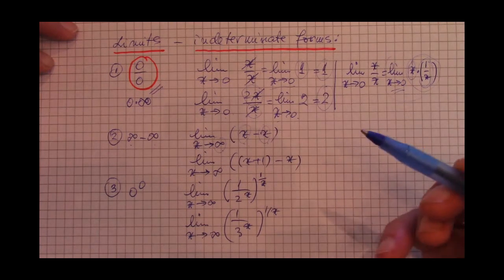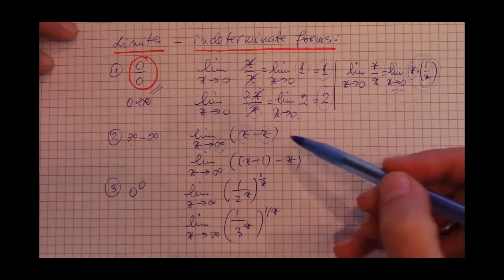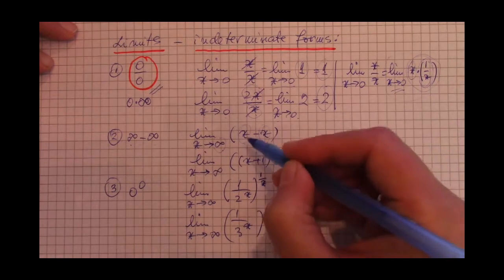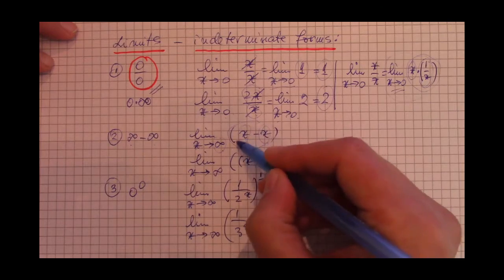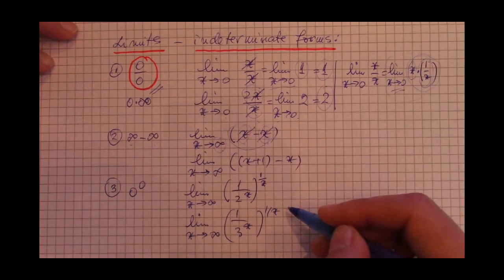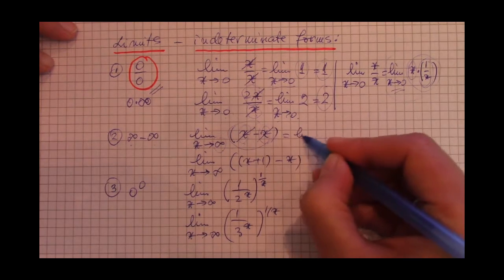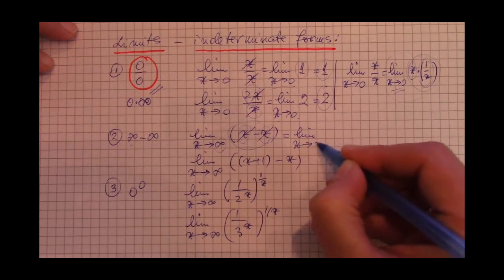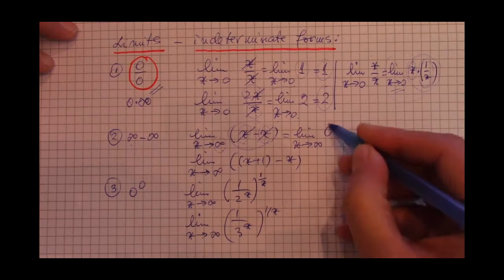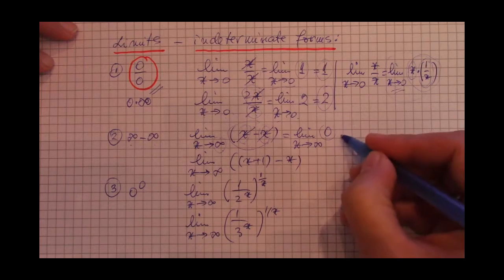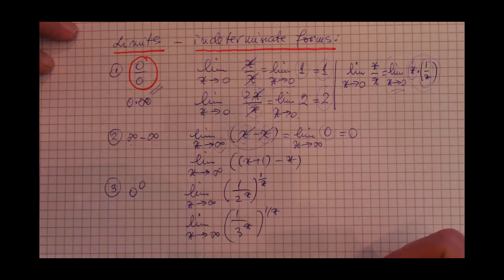We don't know that yet. But what we realize is that in this expression we can simplify the two x's, so we get the limit when x approaches infinity of 0. Well, 0 has nothing to do with any x, so this is just 0, no problem at all.